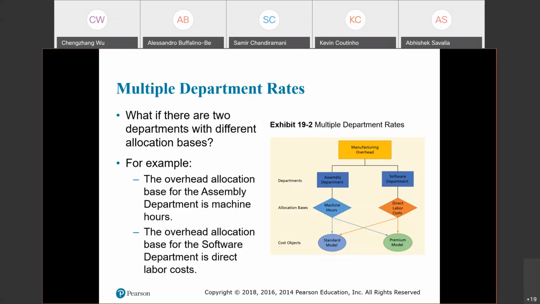Management has further separated the overhead cost into two cost pools. One pool is for the overhead costs associated with the assembly department, and another pool is for the software department.